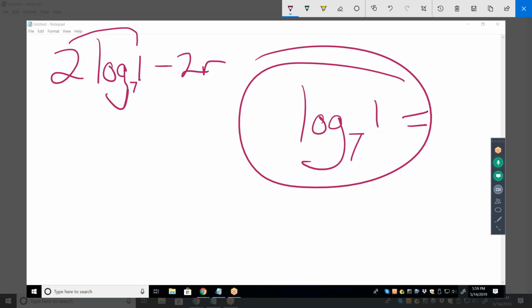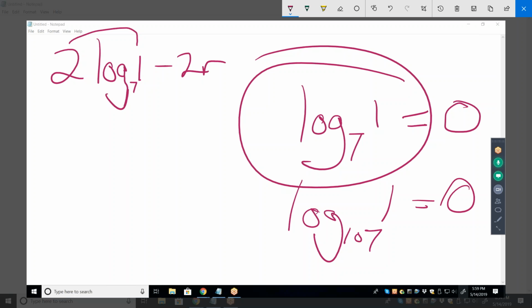Do you see why? Because 7 to the 0th power is equal to 1. And same thing if I had base 107, that's equal to 0, because 107 to the 0 power equals 1. So the log of 1 is always 0, no matter the base.